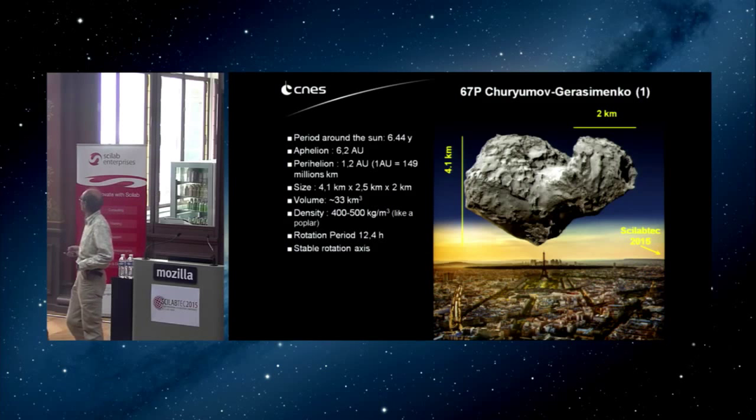The comet is very light. The density is between 400 and 500 kilograms per cubic meter, and it has a rotation period of about 12 hours. And fortunately for us, the rotation axis was quite stable.